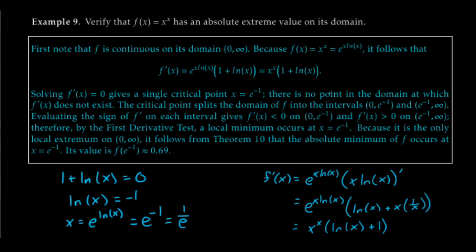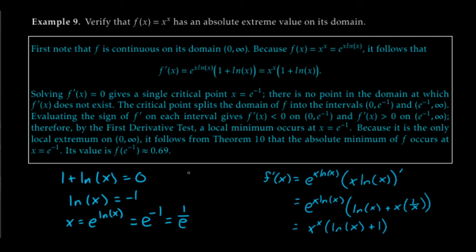Similarly, if you go over to the right far enough, natural log starts to be greater than -1. And then we will get that f prime of x is greater than 0 on the interval from 1 over e up to infinity. By the first derivative test, this is telling us that we've got a negative first derivative, and it flips to positive.